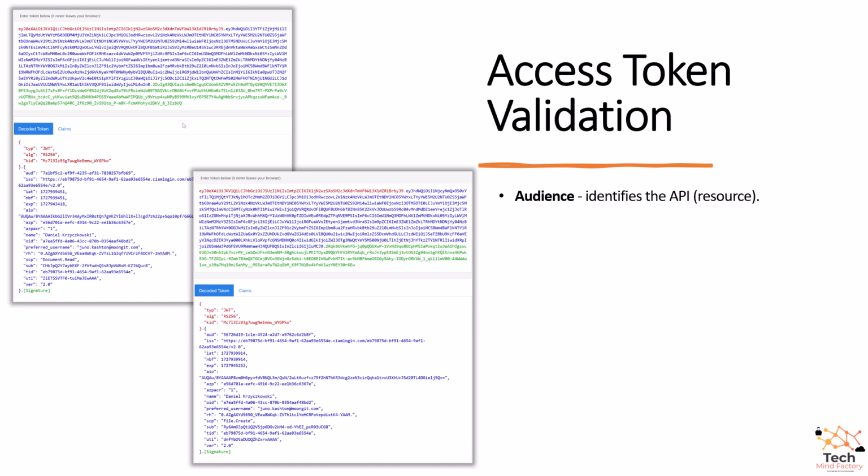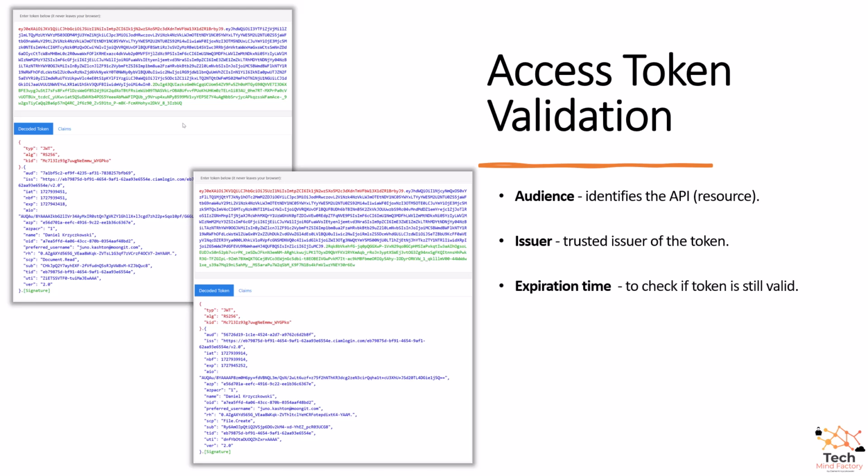Under the audience claims, we always see the client ID value of the app registration that we created for our API. We also have the issuer, that's what I mentioned for the ID token too. We have to check whether the token, access token to be more precise, was issued by a specific identity provider, in this case Microsoft Entra External ID.